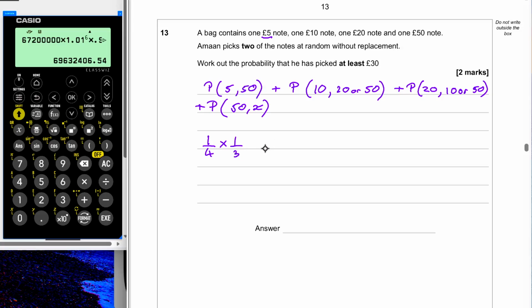So times 1/3, plus the probability of picking a 10 first of all, and then a 20 or a 50 is going to be 2/3. This one's going to be exactly the same, so we're going to times that one by 2. And then the probability of picking a 50 first of all is going to be just 1/4. There's no need for anything else.